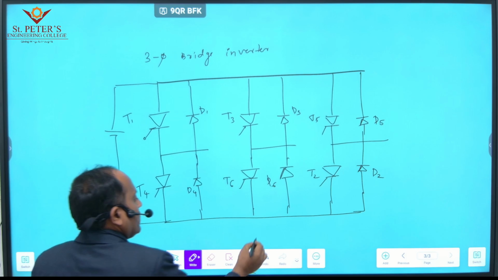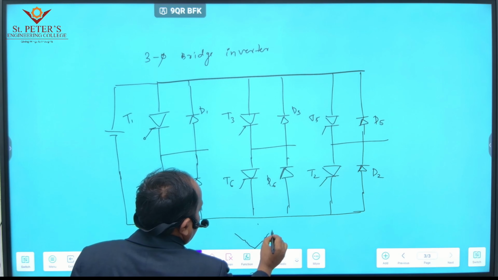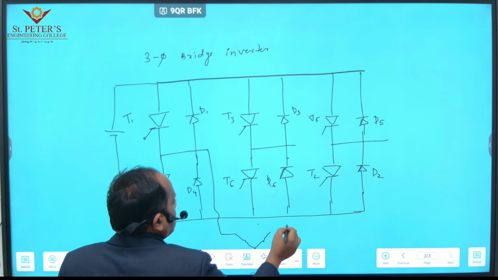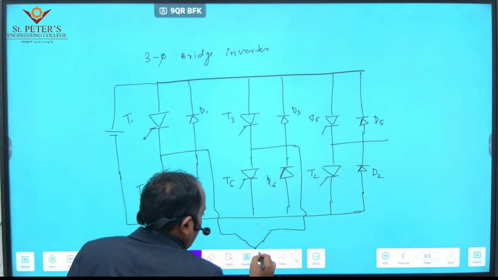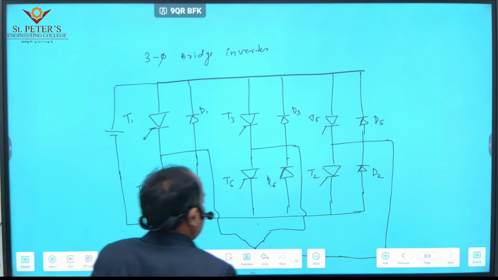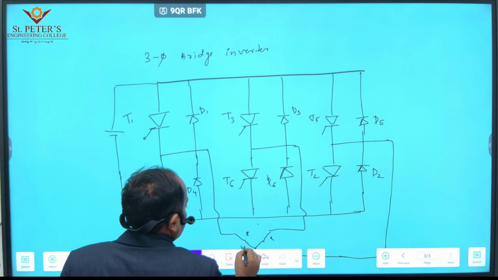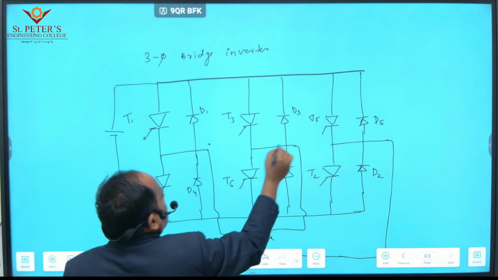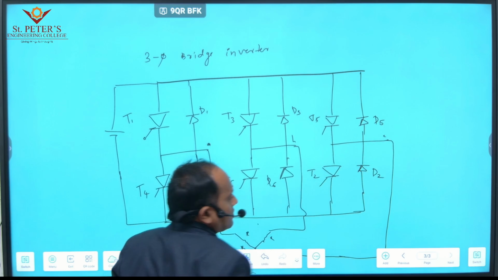Take a star connected load. This is a balanced load. All three resistors are the same. This is A phase, B phase and C phase.